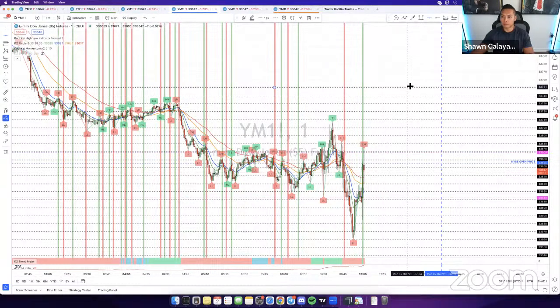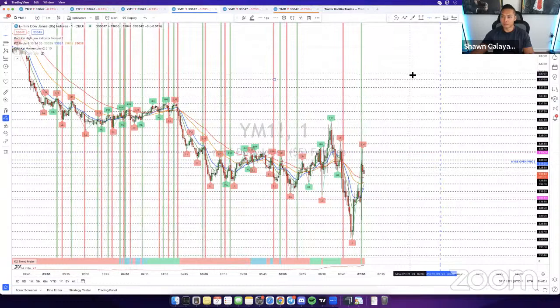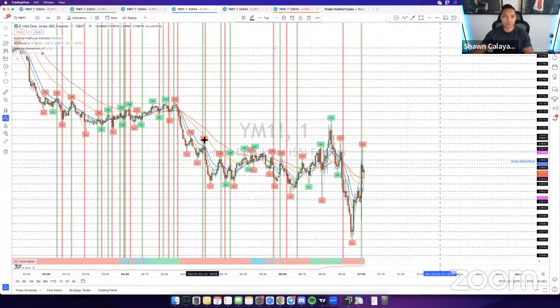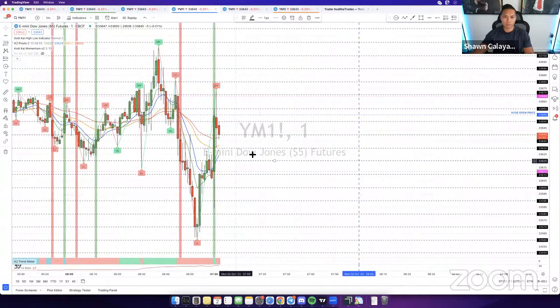How far did I go up? I'll probably go up to, I don't think it's going to climb this high. All right, so mark that up right there. Looks like we're good to go with the zones here.